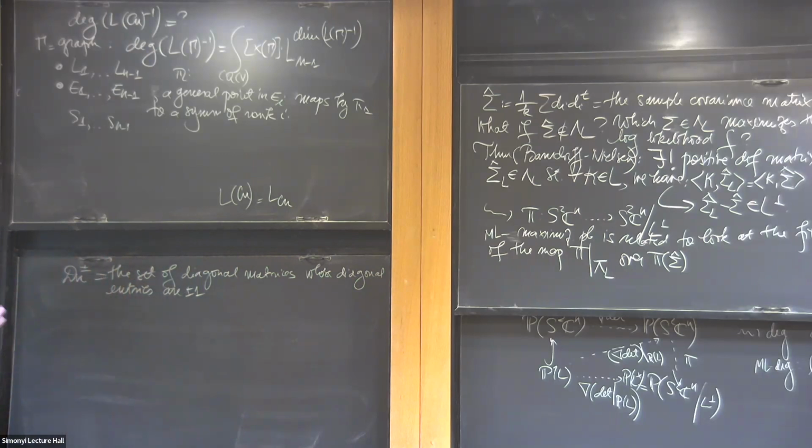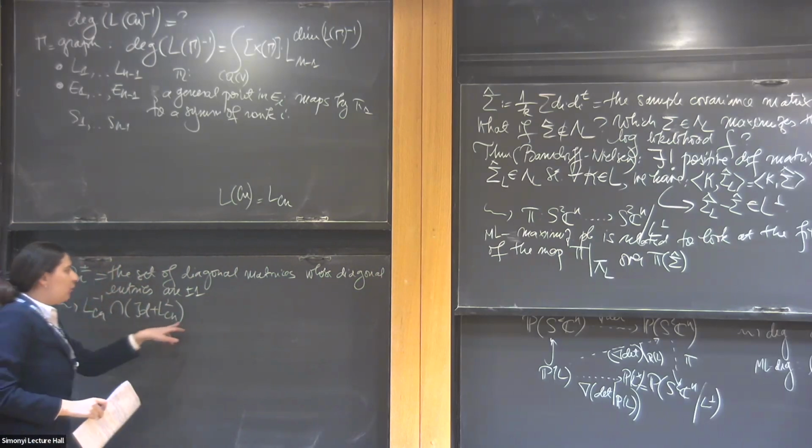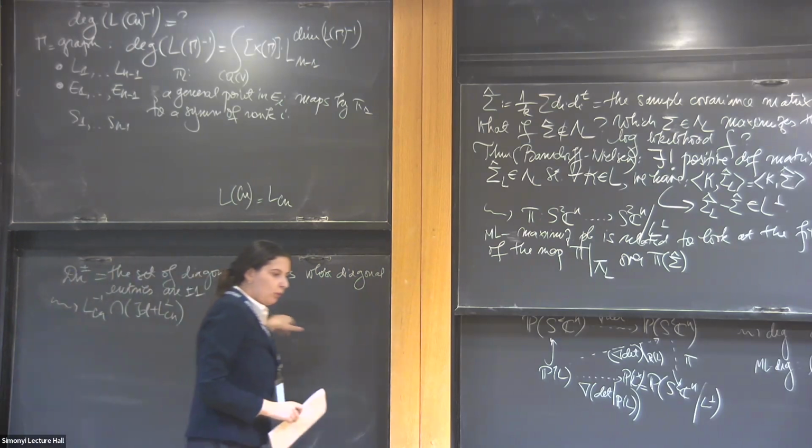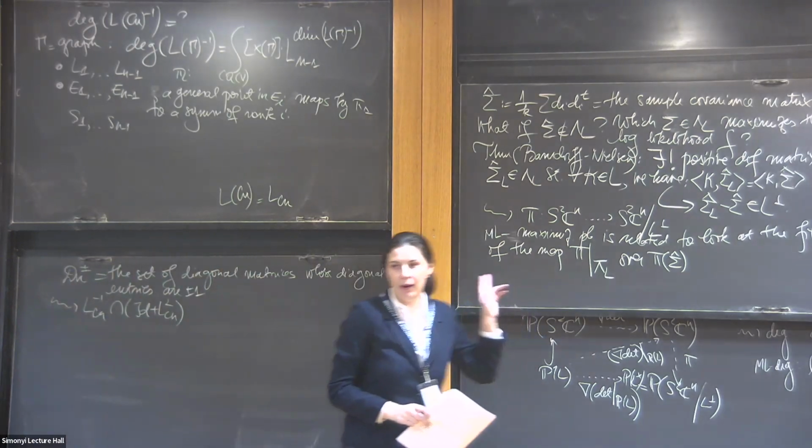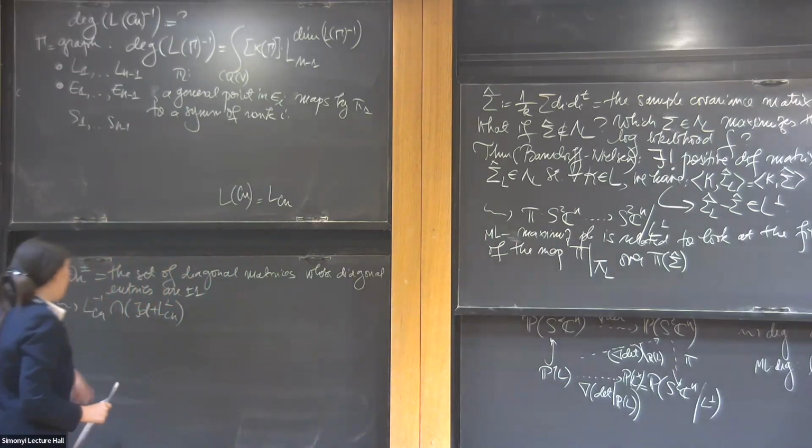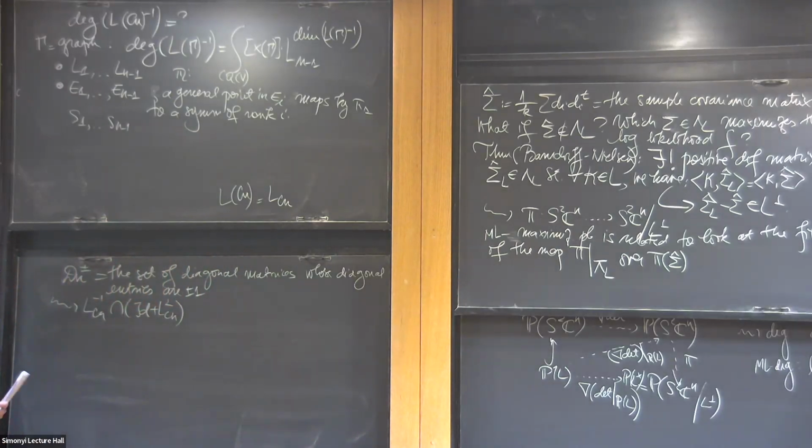This is a group under multiplication, and it seems that our intersection, L_CN inverse intersected with identity plus L_CN perp, is invariant under the action of this group, and this group acts by conjugation on the space of symmetric matrices, so it does here.